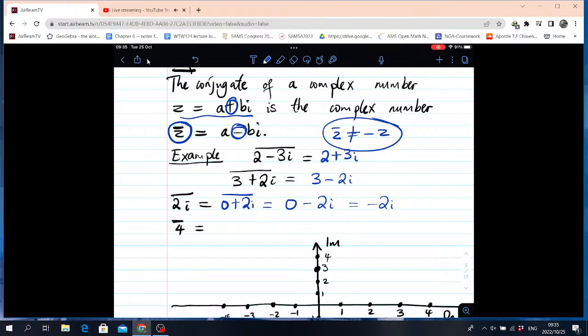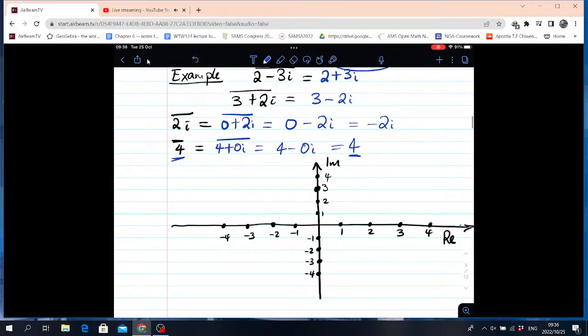And then the last one is 4. So the conjugate of the complex number 4 would be, for us to really see what the complex number is, we can just add plus 0i there. And that would be 4 minus 0i, which is equal to 4. So in other words, the conjugate of a real number is just that number, right? So that is the conjugate there.